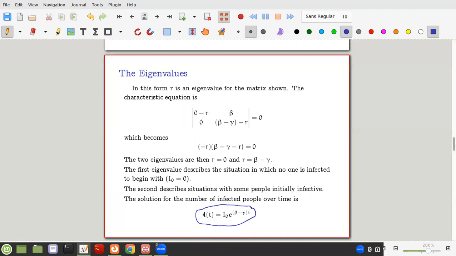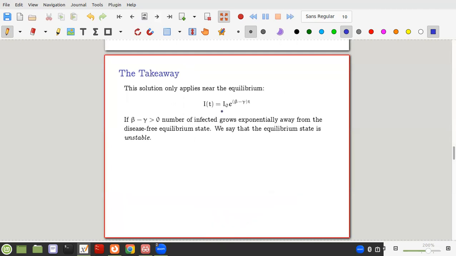Okay? So you can see that this model predicts a relation between R and beta minus gamma, which is the solution that takes this to equilibrium. If beta minus gamma is positive, the number of infected people grows exponentially. That's unstable.